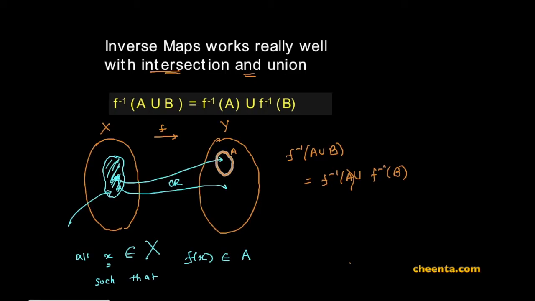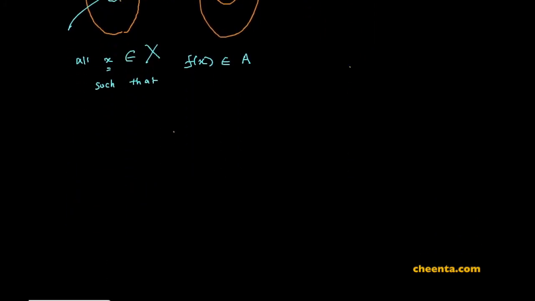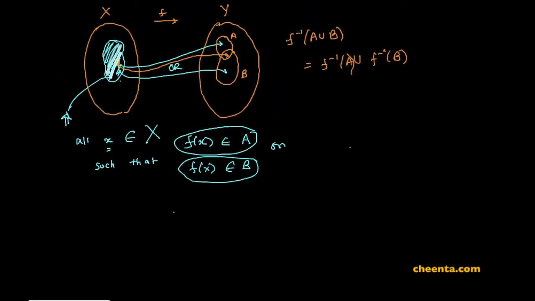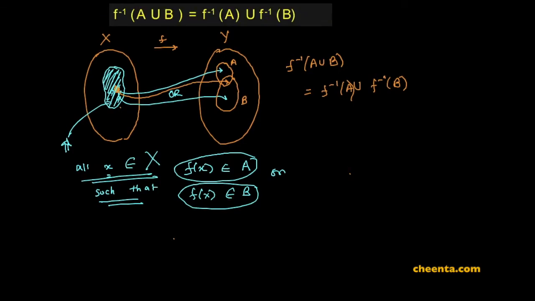Maybe this is A and this is B, and it could happen that this point in here lands in the intersection zone, and then it would be both in A and in B. So no matter what is the case, f of x is in A or f of x is in B, this is the definition of this set. This set that I have shaded here is the collection of all such x in capital X such that this happens. Okay. So this is how the inverse map is sort of defined.